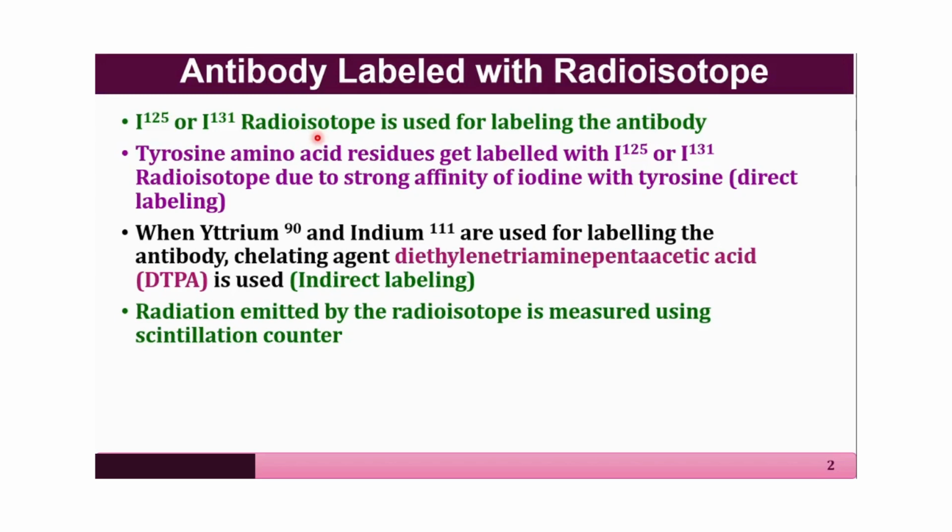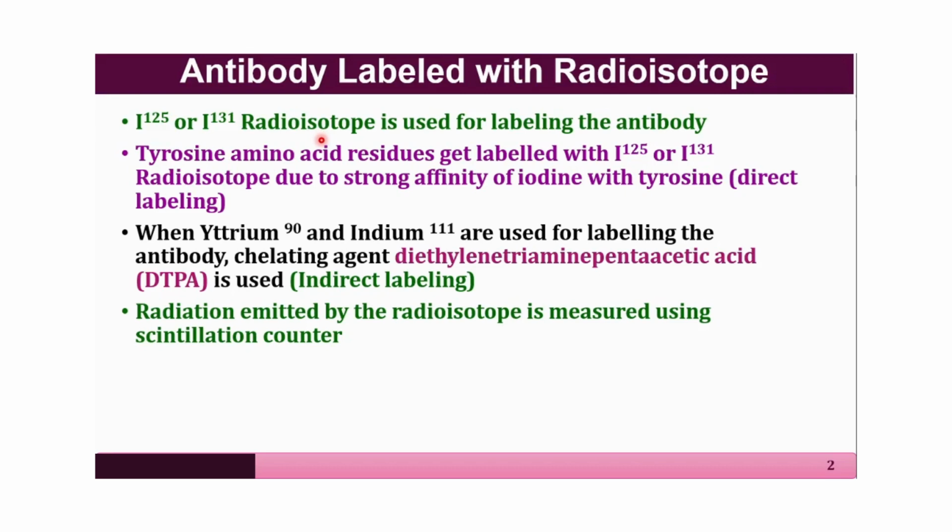and one of the important aspects of I-125 or I-131 is that it is easily attracted towards tyrosine, or has a strong affinity towards tyrosine. If tyrosine residues are present in the antibody or the antigen, the tyrosine residues get readily labeled by I-125 or I-131.